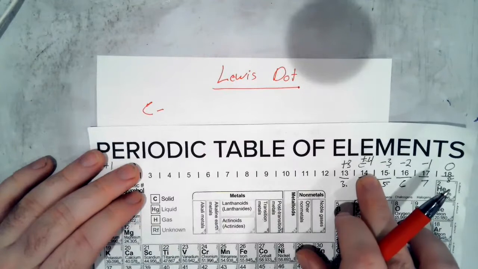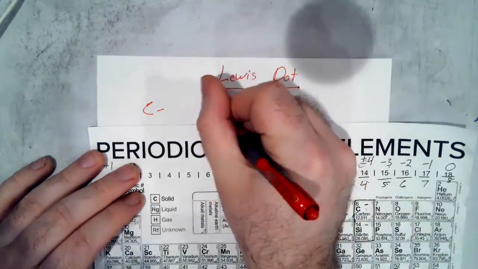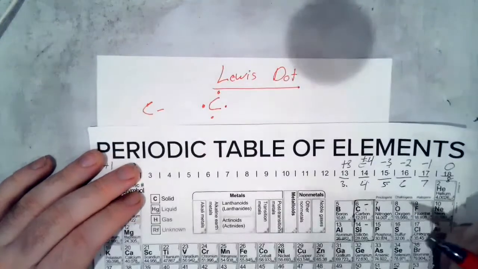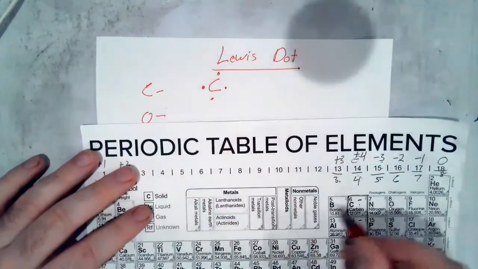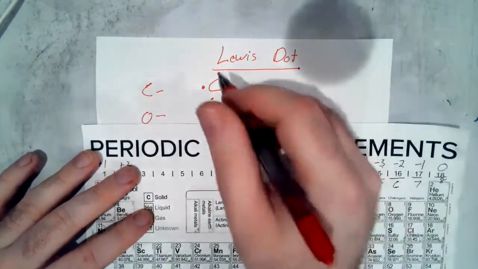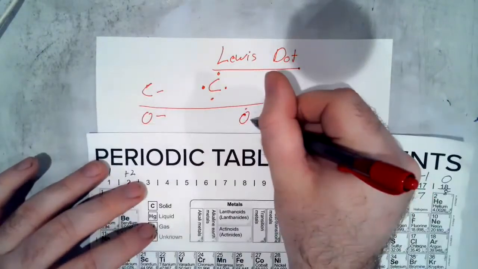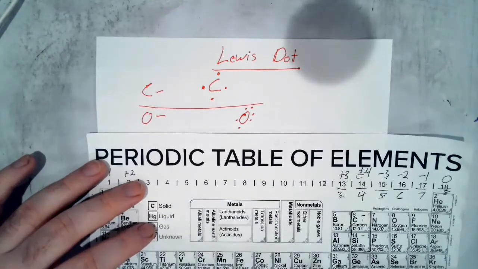Carbon is in column 14, therefore it has 4 electrons. Well, guess what, guys? You just draw 1, 2, 3, 4 dots for carbon. For oxygen, oxygen is in column 16. There's 6. So if you haven't guessed already, we're going to do 1, 2, 3, 4, 5, 6 dots.